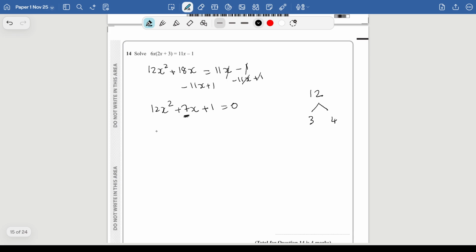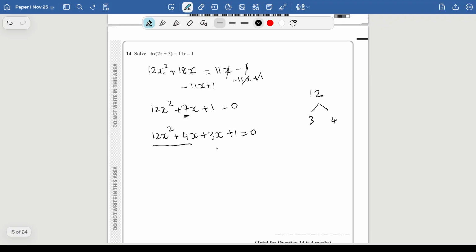So now I'm using those factors to rewrite this expression on the left side. So 12x square, 7x can be split in terms of these factors as 3x and 4x. So I can write 12x square plus 4x plus 3x plus 1 equals 0.